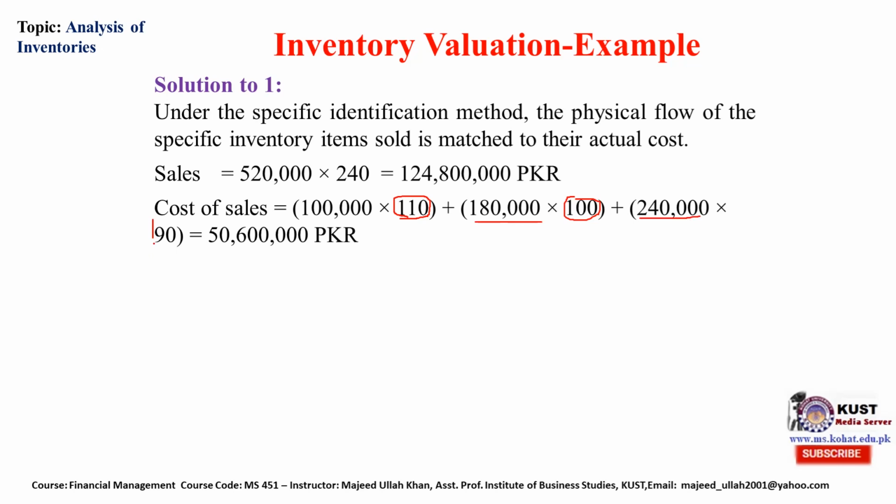So under specific identification we apply these costs: 100 from the first shipment, 180 from the second shipment, and 240 from the third shipment.